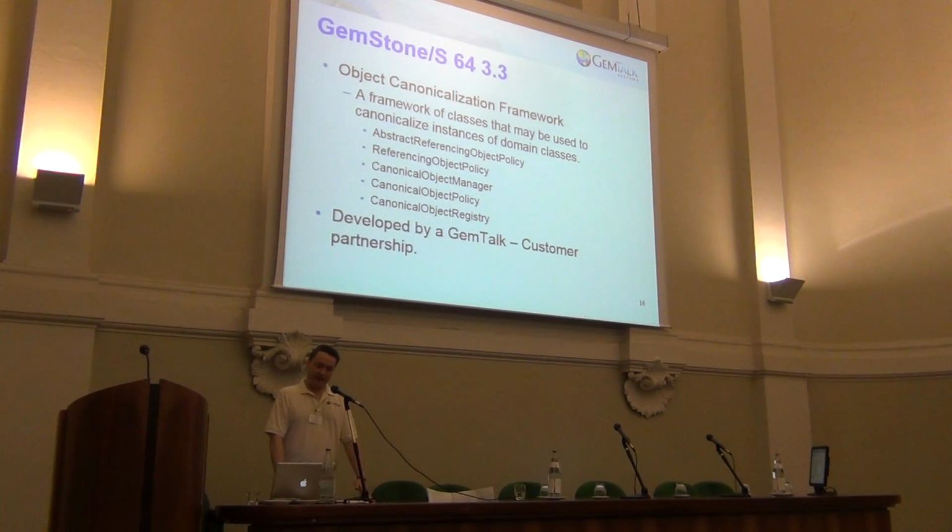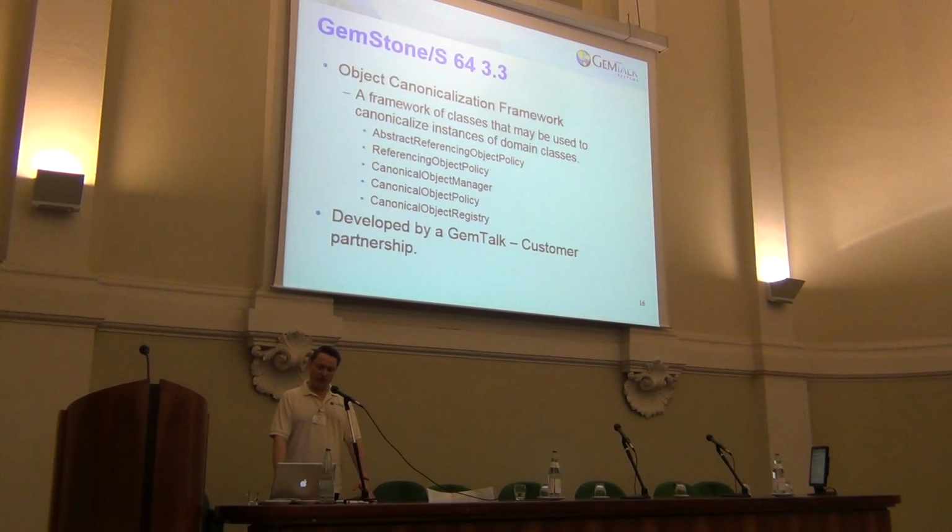We've added an object canonicalization framework in 3.3. We did this with a customer as kind of a joint project, but we find there's a lot of instances in GemStone databases where you have the same string value, say, that appears perhaps thousands of times. And that's really wasteful. It drives up the object count, it takes space in the repository, and so on.